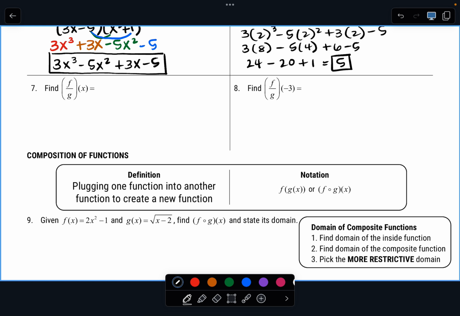Okay, f of x and g of x are being divided. Now in this case, because we haven't really talked a ton about factoring, and technically this one wouldn't do anything if we factored it anyway, the only thing we can do is write them as a fraction. Now, I'm going to get the question of, can I simplify the negative 5 and the 1 together?